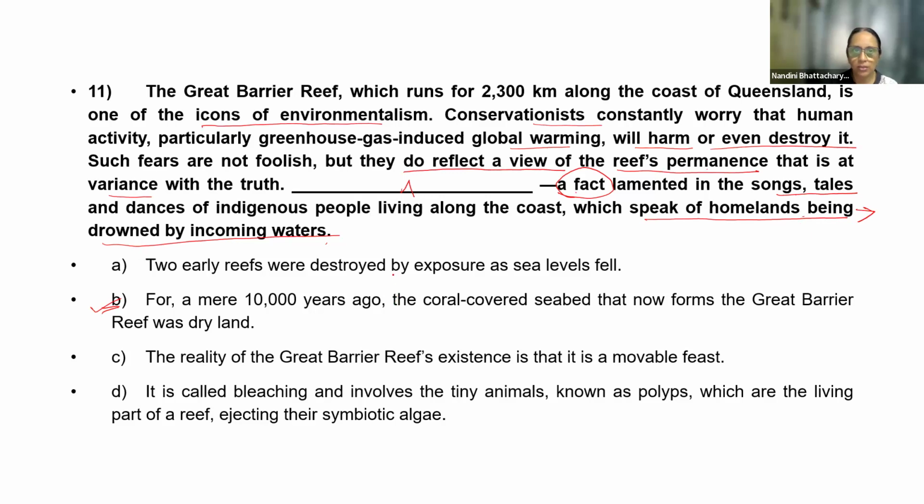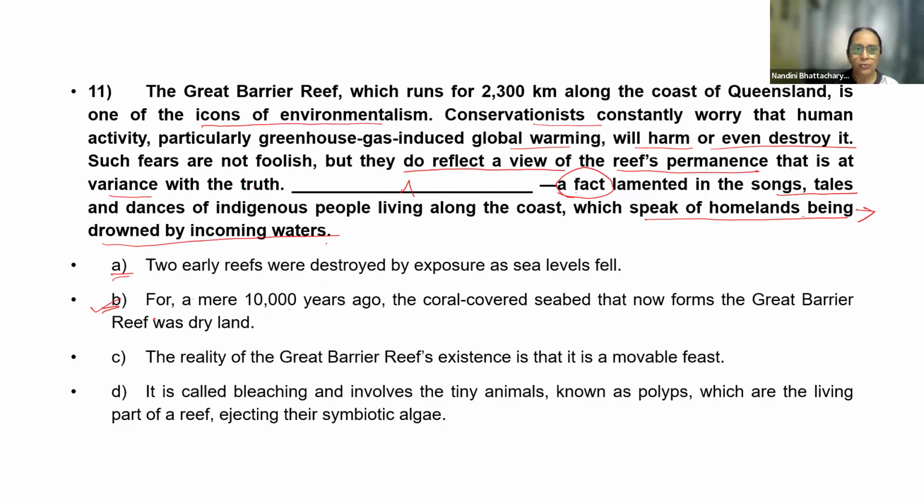Right? That's your clue. Now, option two, early reefs were destroyed by exposure as sea levels fell. That could be related, but not very well. For a mere 10,000 years ago, they do reflect a view of the reef's permanence that is at variance with the truth.